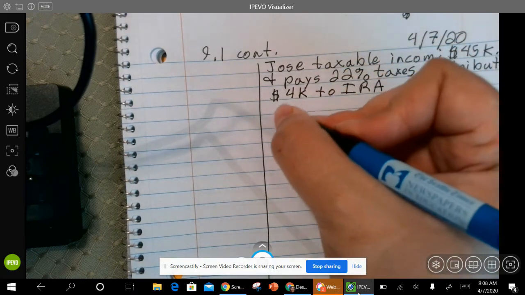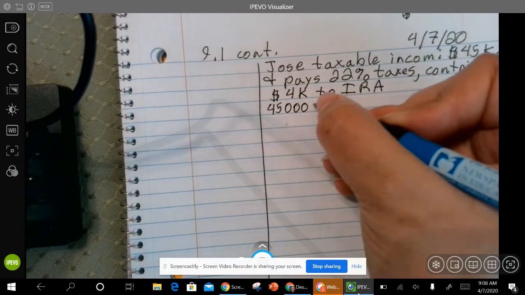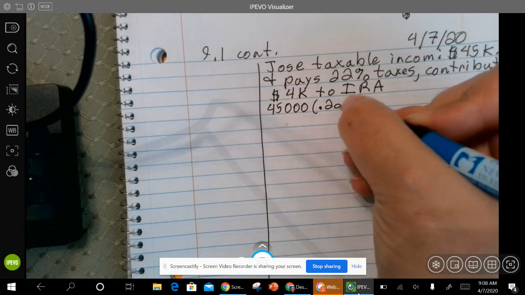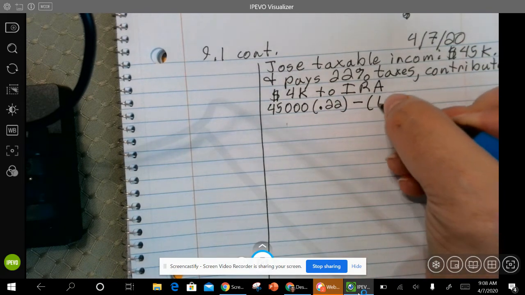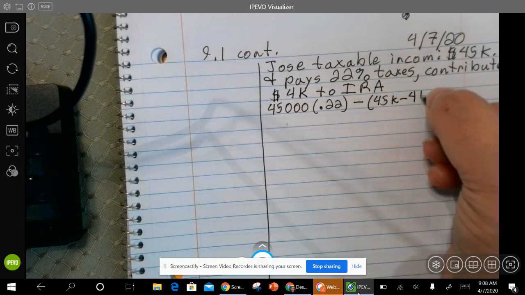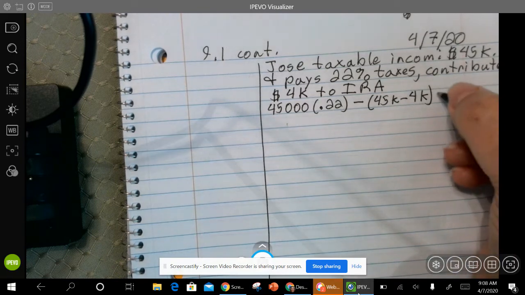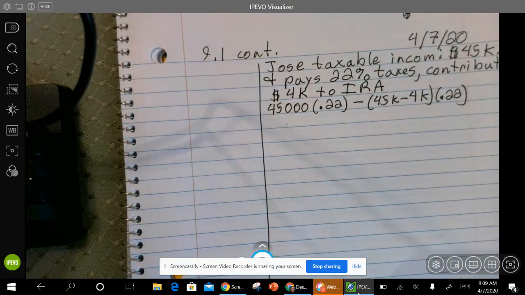Okay, so we're going to do 45,000 times 22%. That's his current tax, minus 45,000 minus 4,000 times 22%. This is how to do it if you don't have the table, everybody.